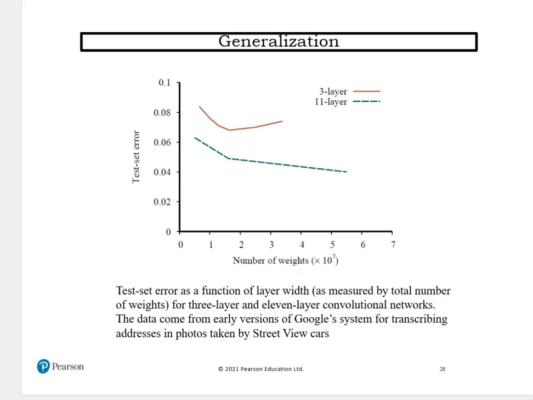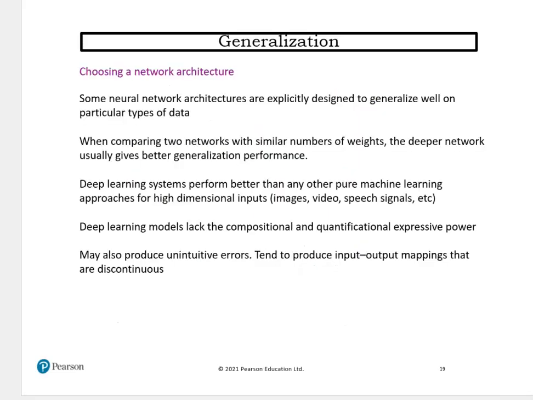Now, deep learning systems perform well on some but not all tasks. For tasks with high dimensional inputs like images, video, and so on, they perform better than any other pure machine learning approach. Essentially, you could be using support vector machines or classification trees or anything like that to handle any high dimensional input.